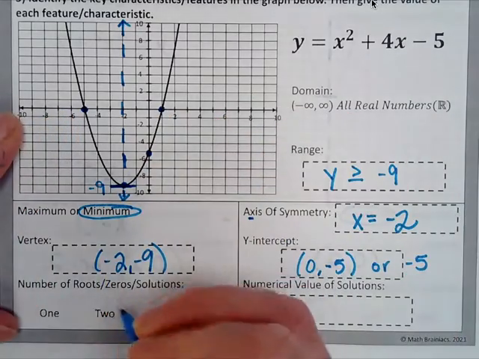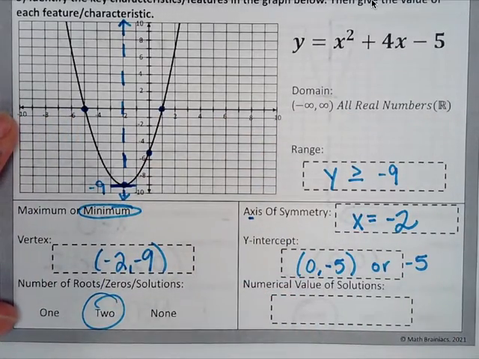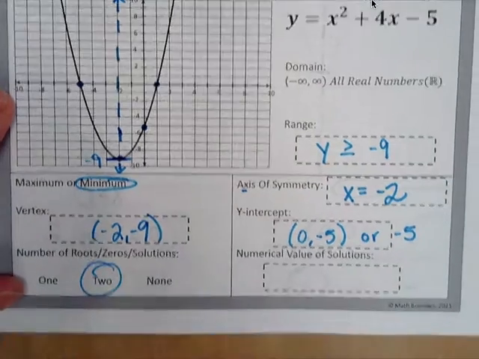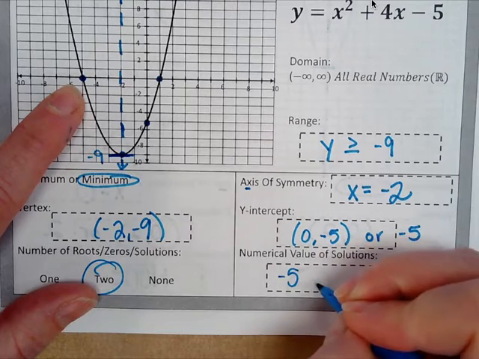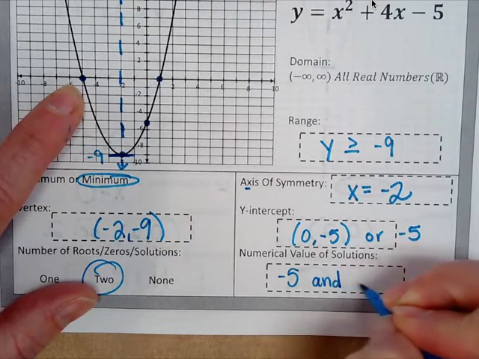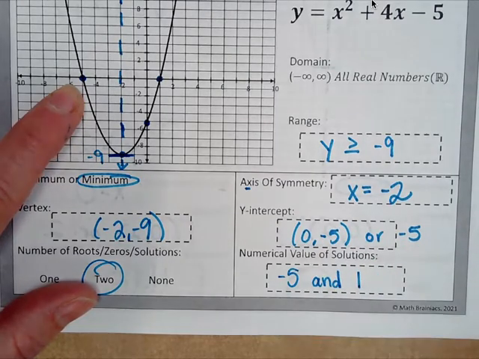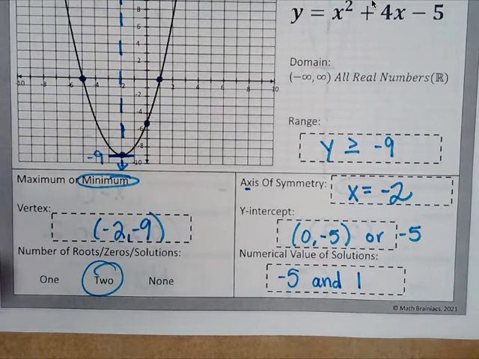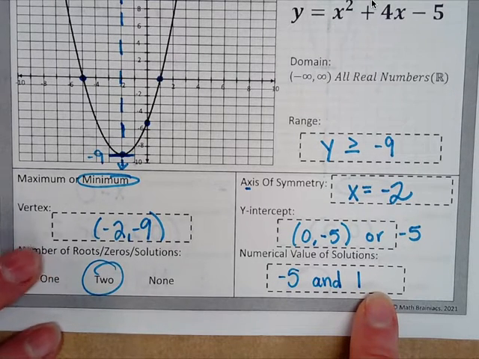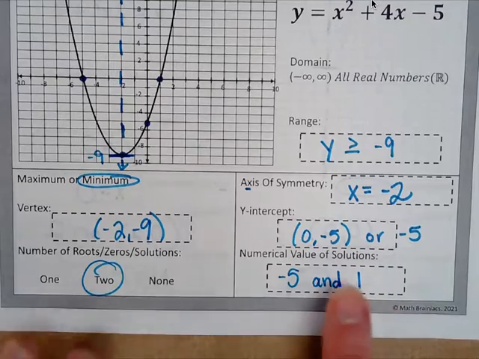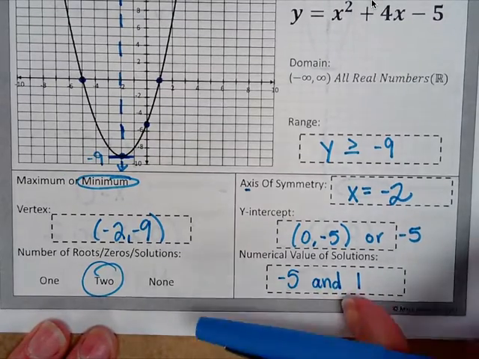So there are 2 of them. And they are at -5 and at positive 1. So you have a positive and a negative zero. Make sure not to write this as coordinates. Just write it as what values they are on the x-axis. Put "and" in between them.